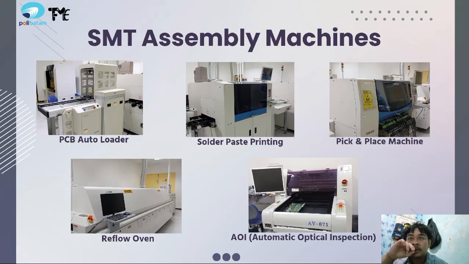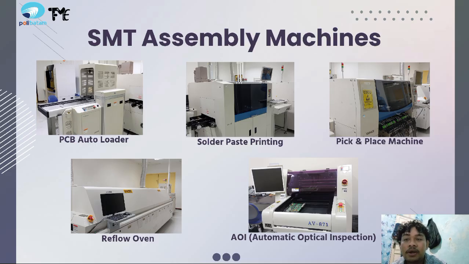And next is the SMT assembly process. The first one, the PCB autoloader, automatically feeds PCBs into the production line. The second, the solder paste printing machine, accurately applies solder paste onto the PCB pads. The pick and place machine places electronic components onto the PCB with high speed and precision.